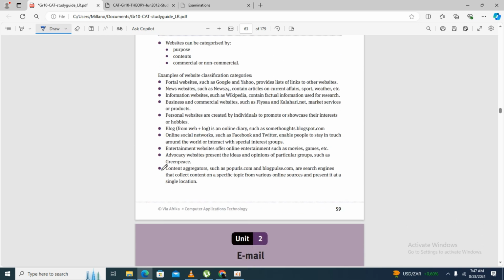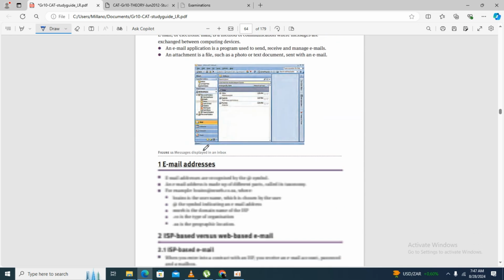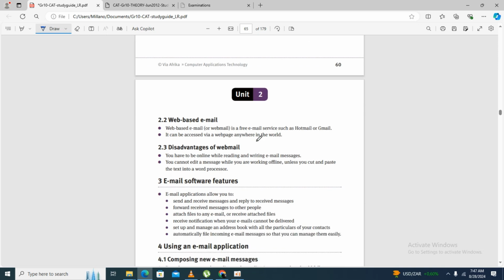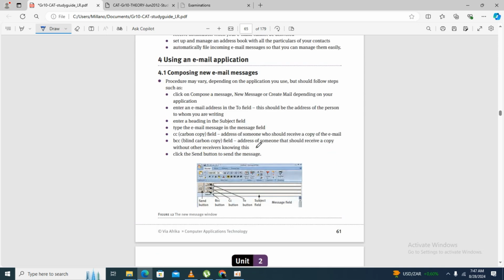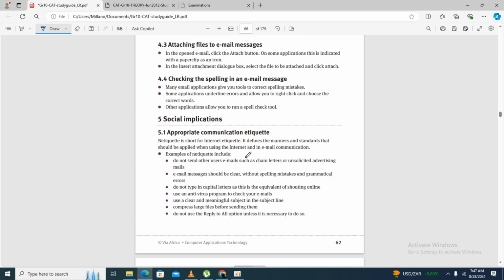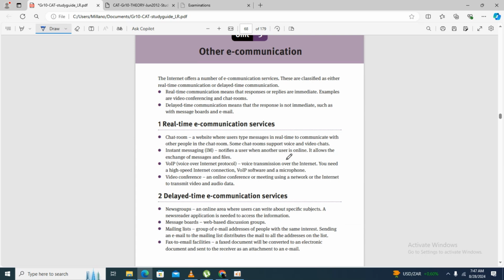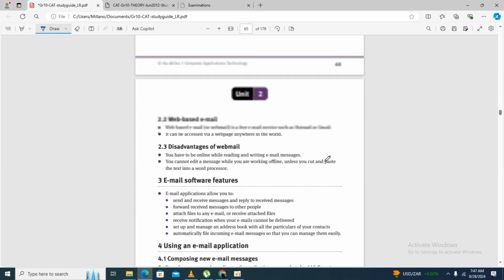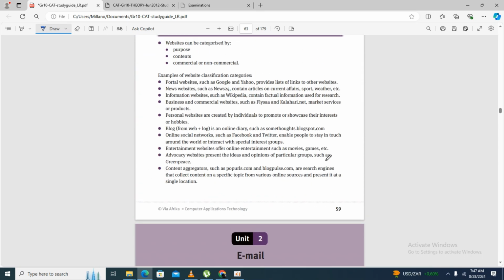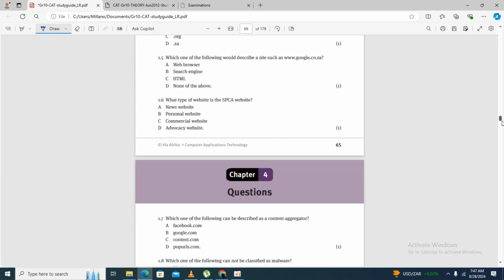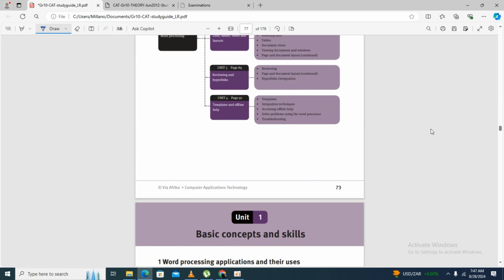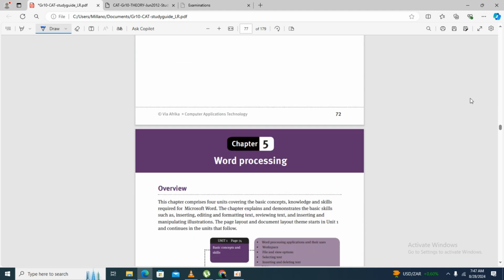And let me see types of websites. So emails, I don't really recall doing emails, but guys, don't sleep on web applications as well. Those are very important. I'm gonna give you guys two advantages and two disadvantages of web-based applications.